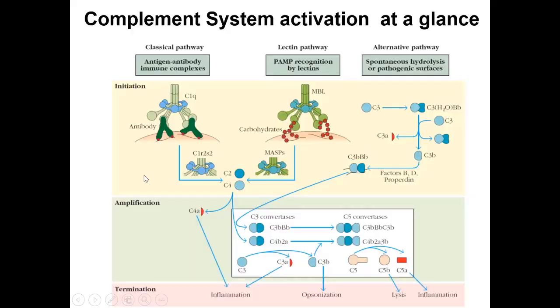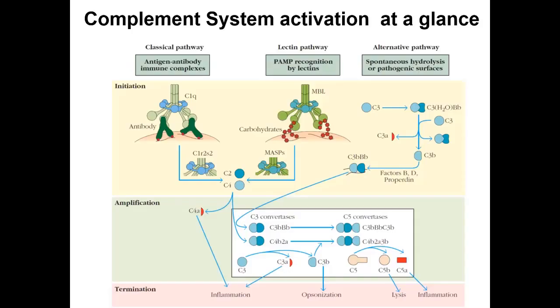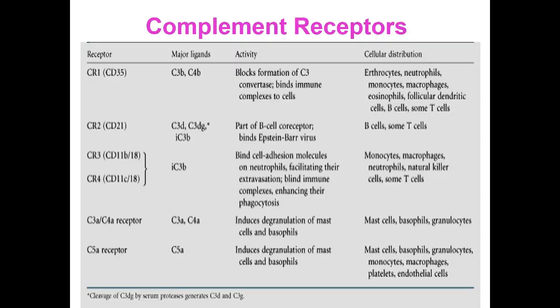Other important receptors for complement component fragments are C3a, C4a, and C5a receptors, as you see here, and they are found on mast cells, basophils, eosinophils, and other granulocytes.